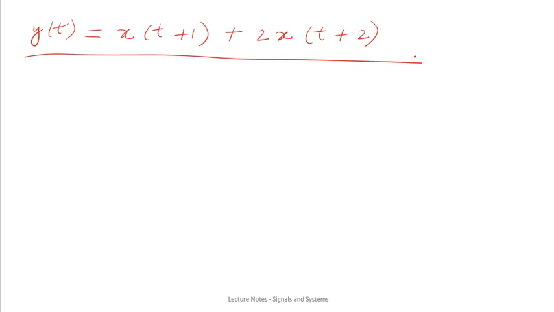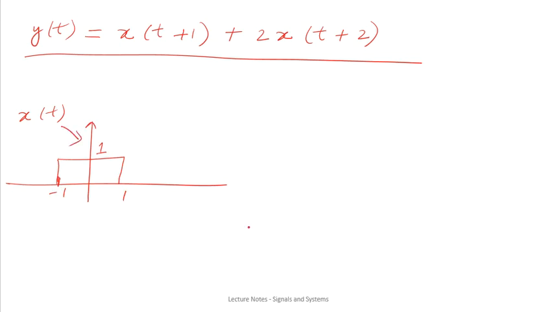So if you have to plot it, you can very easily plot. First you have to plot the waveform for x(t), for which the function is already given in the problem. It is 1 in between -1 and 1. So this is your x(t) waveform.